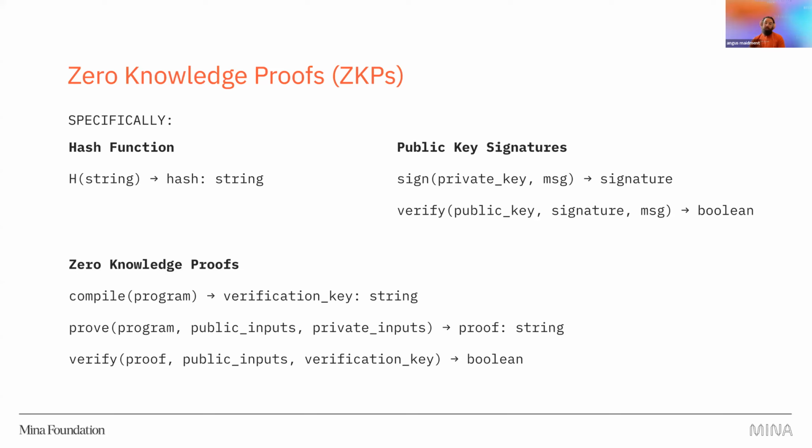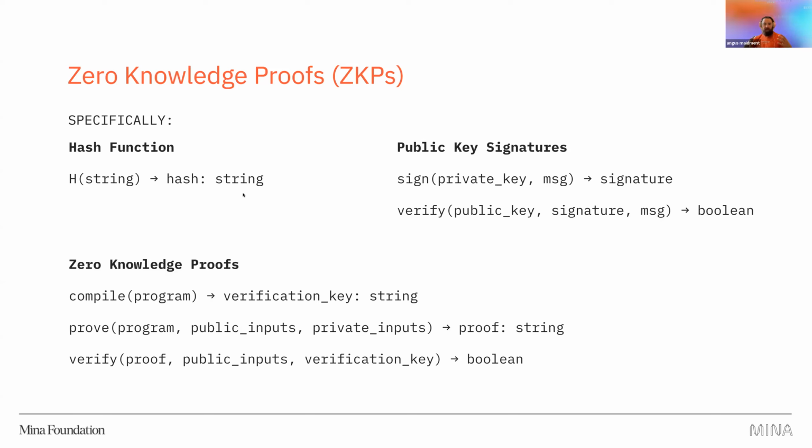This slide here is kind of taking a look at zero knowledge proofs and comparing them to other cryptographic primitives that you might be familiar with. So for example, a hash function. I don't know if you can see my cursor, but I'm wobbling it around things that we're talking about. A hash function takes in some data and then outputs another piece of data that is not related.